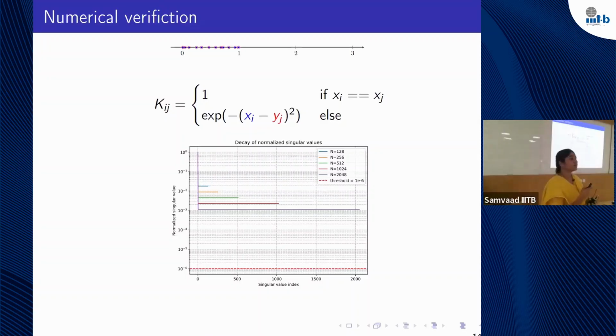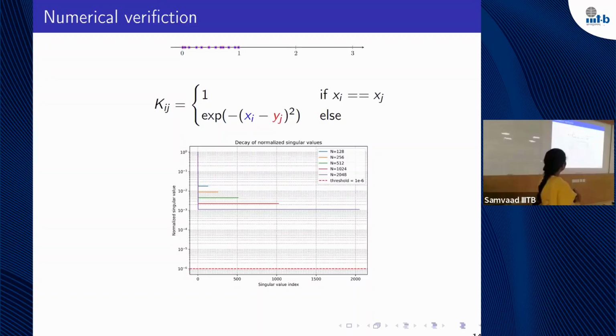If I divide each of the singular values by the largest singular value, I get the normalized singular values. Why do I want to divide by the largest singular value? Because whenever we work on computers, we work in a relative sense. We define relative errors. So therefore, in a relative sense, I'm now going to define what my rank is.